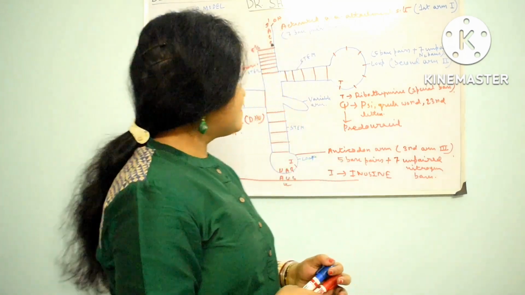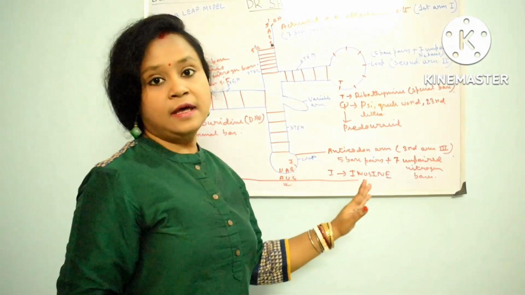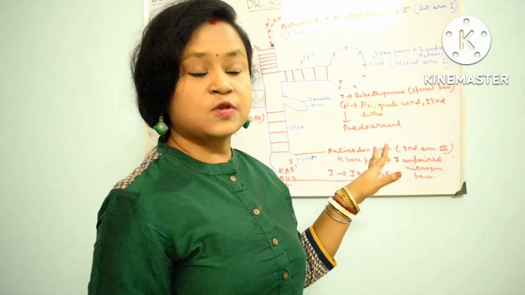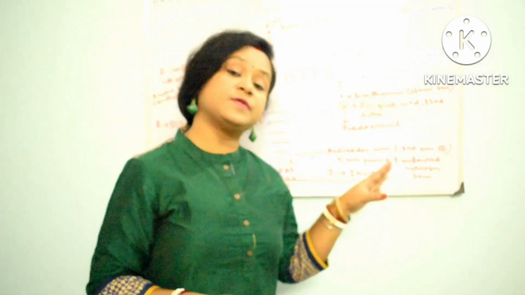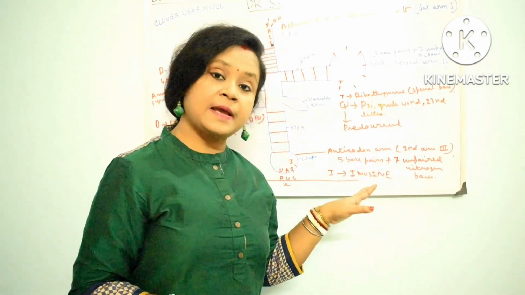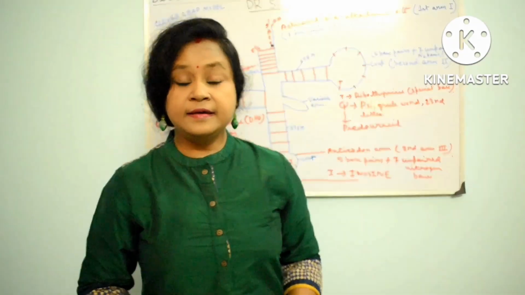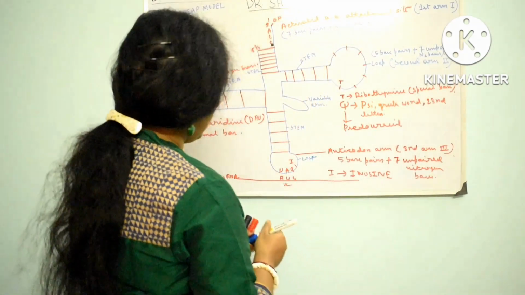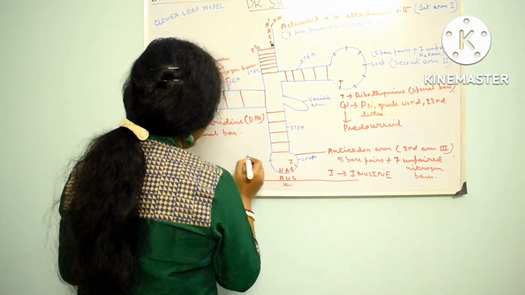So this is all about the clover leaf structure of tRNA, described and given by the scientist Robert Holley in 1965. Here also there is the presence of a hyper modified purine.